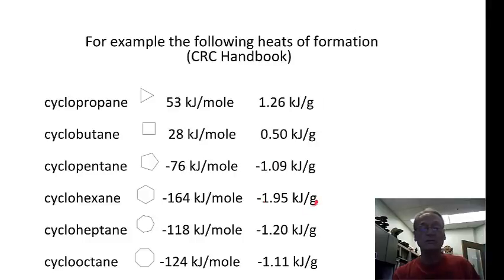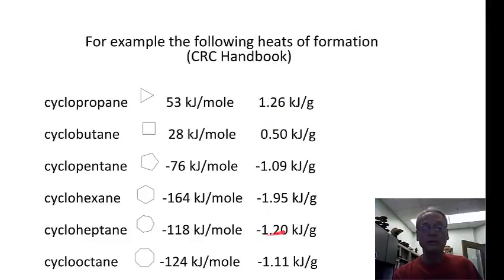Cyclohexane, considerably less energy. Of these four, this is by far the most stable because it has less energy than this by about 1, roughly, kilojoule per gram. Less energy than this by about 2.5, roughly, kilojoules per gram, and less than this by roughly 3 kilojoules per gram.